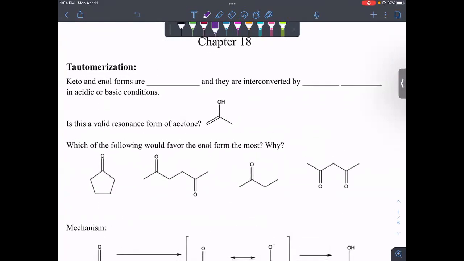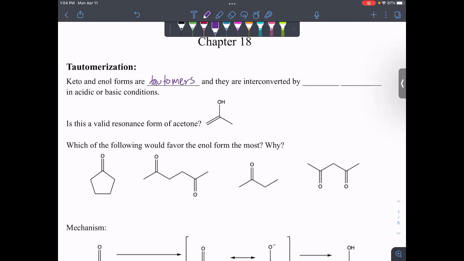Okay, anyways, let's just start. So keto and enol forms are what, and how do you go in between them? They're tautomers. And then how do you go in between the tautomers?